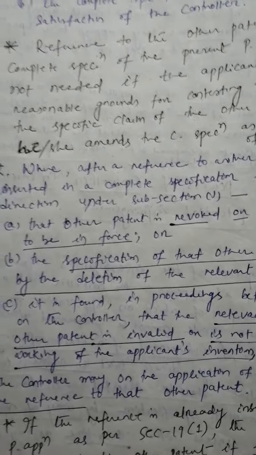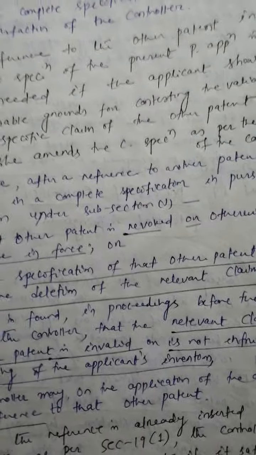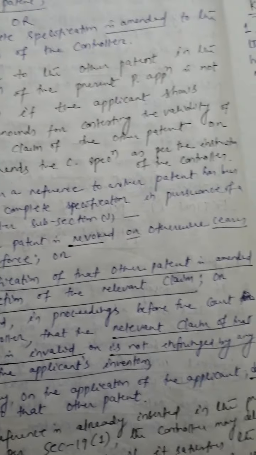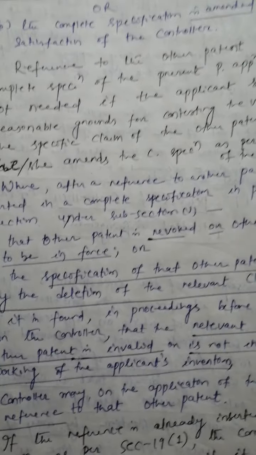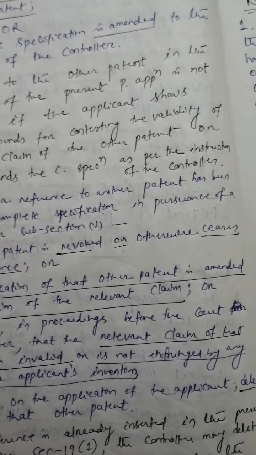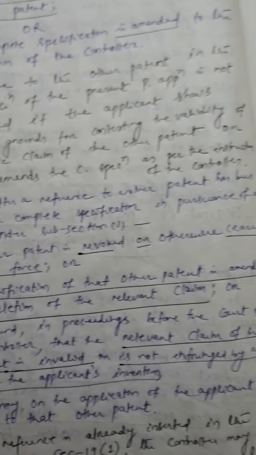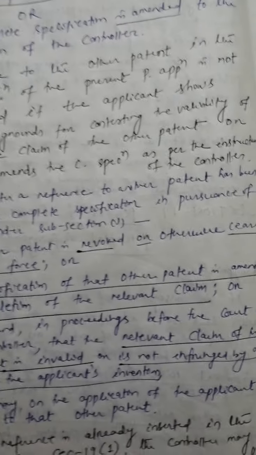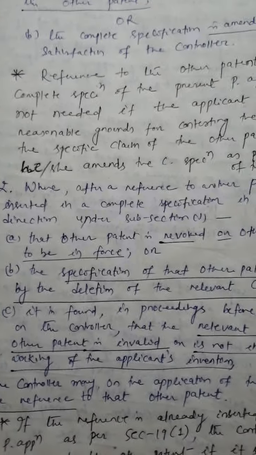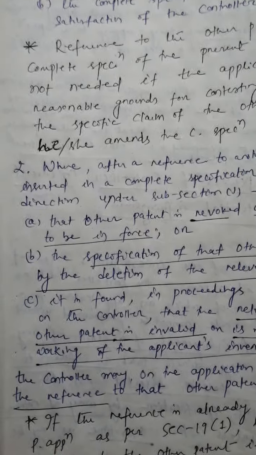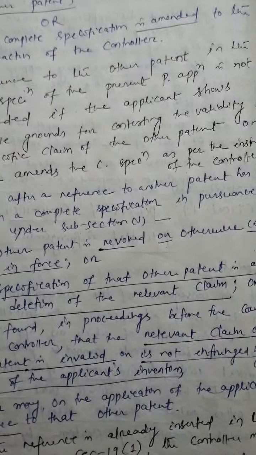These are the key points. Clause A says that other patent is revoked or otherwise ceases to be in force, or B, the specification of that other patent is amended by the deletion of the relevant claim, or C says it is found in proceedings before the court or the controller that the relevant claim of that other patent is invalid or is not infringed by any working of the applicant's invention.